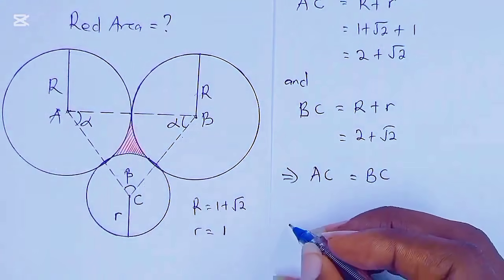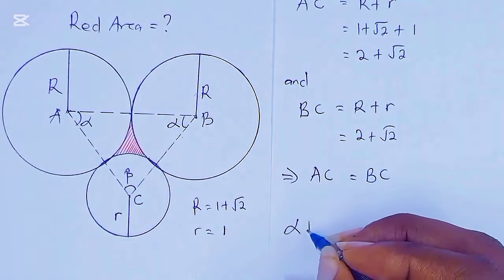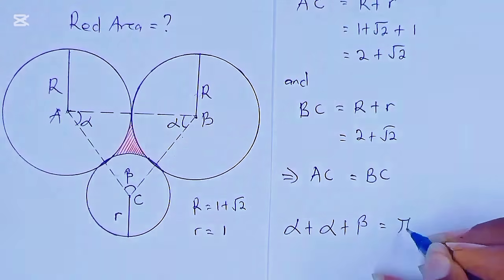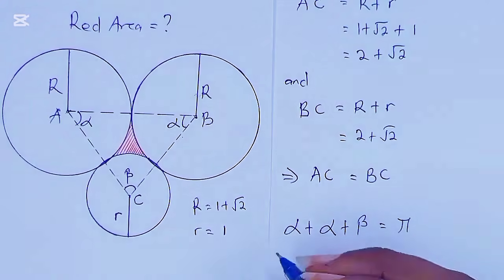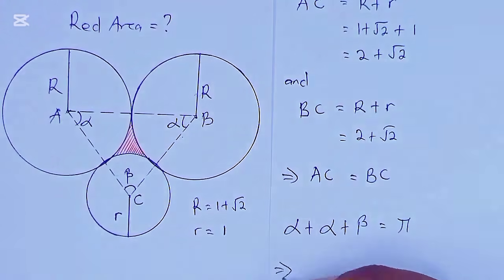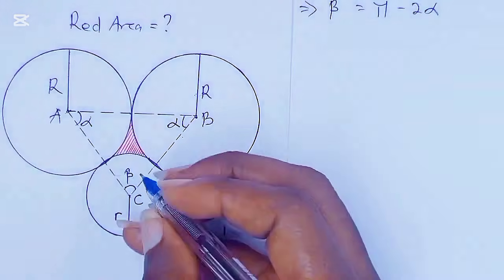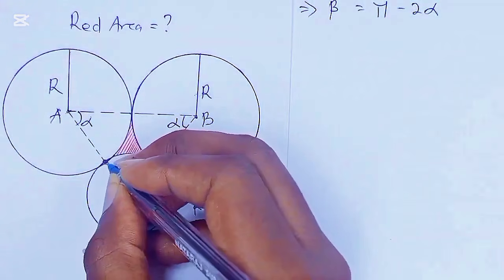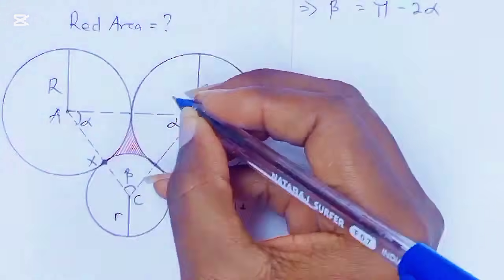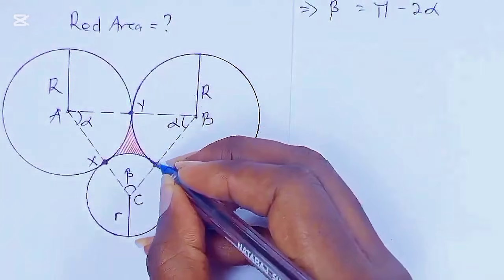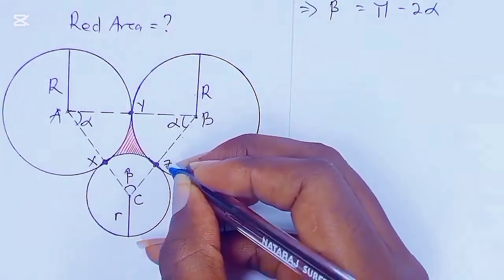This will imply that alpha plus beta is equal to pi in radians. So this will imply that beta is equal to pi minus 2 alpha. And now let's suppose that this point here is x, this one here is y, and this one here is z.